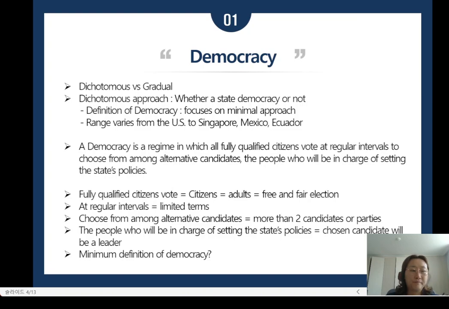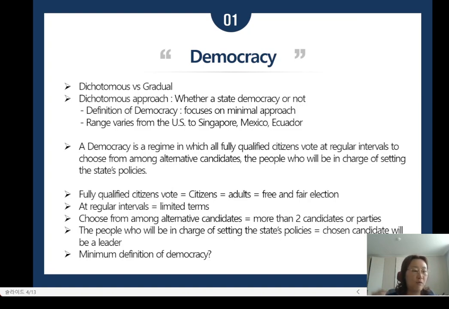So to choose among alternate candidates, we have at least two different candidates, and these two different candidates should belong to two different political parties, or at least one belongs to a political party, but the other one doesn't have a political party. That's an independent. It's possible also, but at least these two candidates should be totally different.